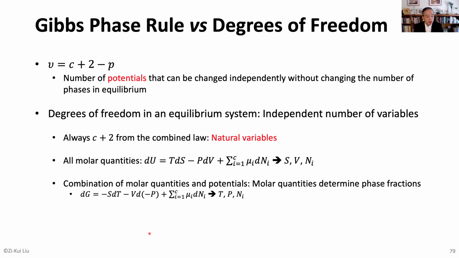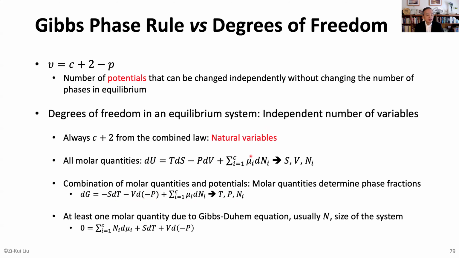You can have a mixture of potentials and components representing the independent variables of the system, the degrees of freedom. For example, if you use Gibbs energy, you have temperature and pressure as the two independent variables, and the other independent variables are the compositions: T, P, and Ni. So it's all about the natural variables. However, we cannot change all the independent variables to potentials.